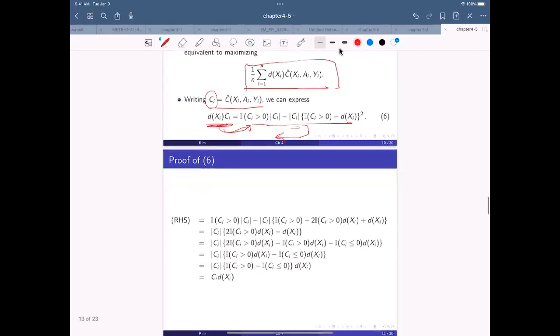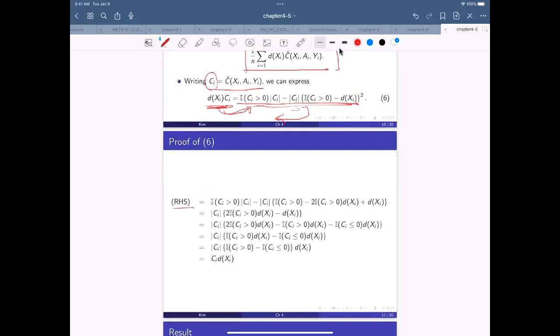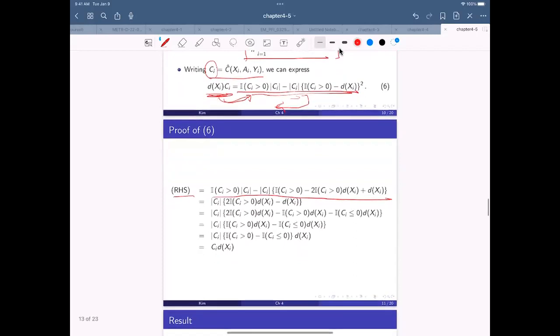So anyway, you can just try to simplify this. Okay. The first step to notice is that squares of indicator functions don't make a difference. So dx square is equal to dx, and indicator C squared is equal to the indicator, right?